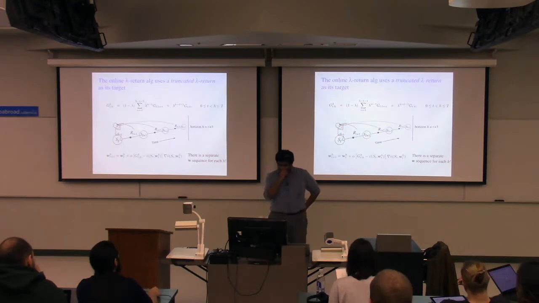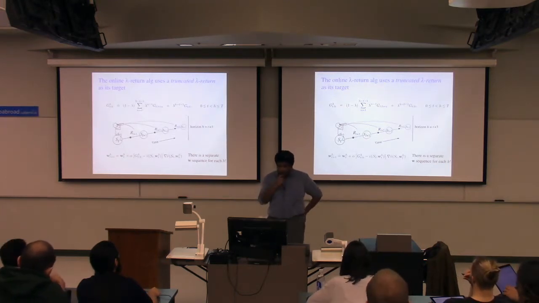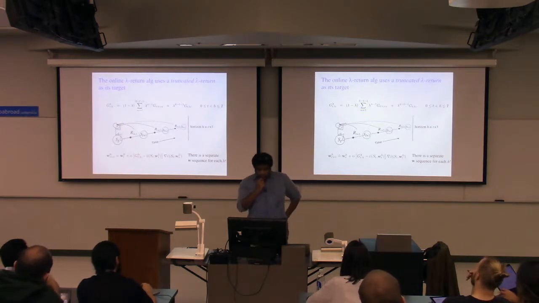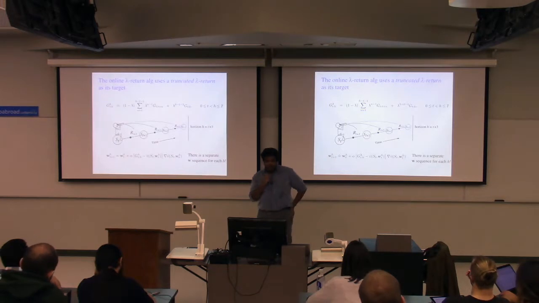Okay. So what's the theoretical basis for this? That's where we're going to go. This uses the truncated lambda returns for targets. What do we mean by that?